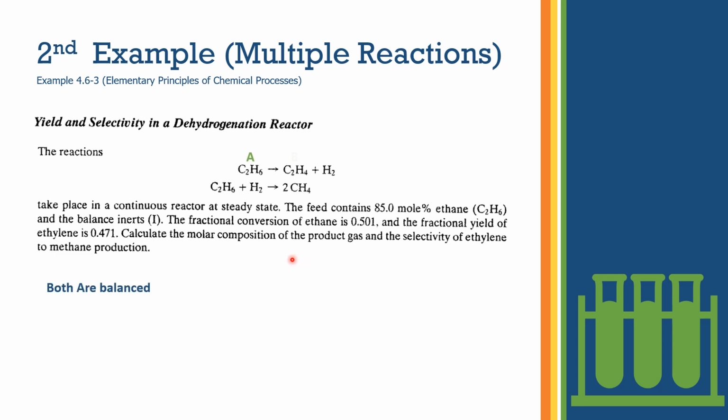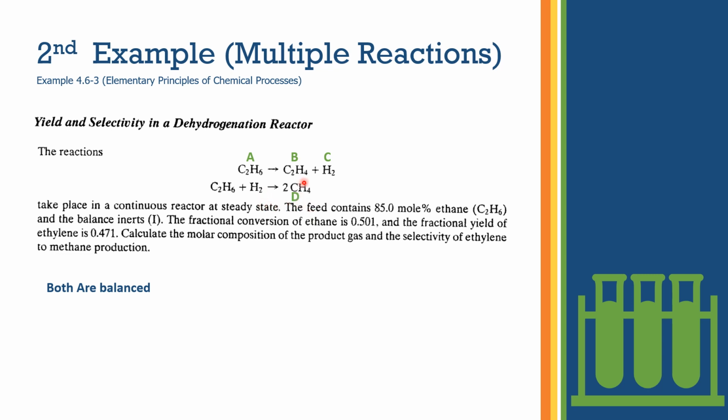The second step, if you remember, is to put a unique letter for each molecular species. For ethane we put A, for ethylene we put B, for hydrogen we put C. Here we don't put a letter again because there is already a letter for the ethane and also for hydrogen.